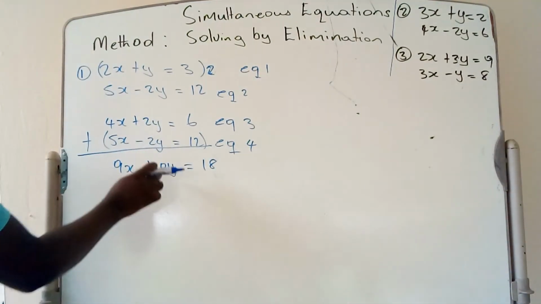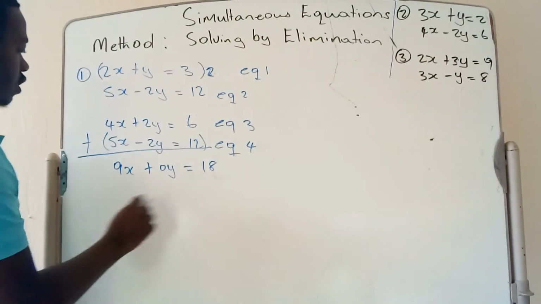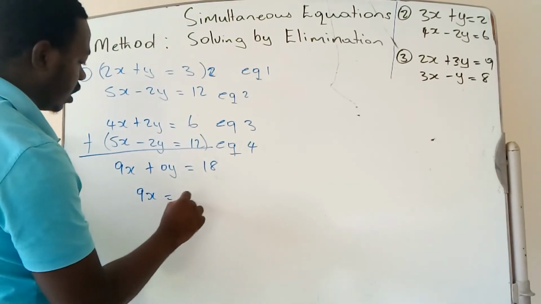The aim is to get 0y, but I write it for you to see. So I'm left with 9x equal to 18.